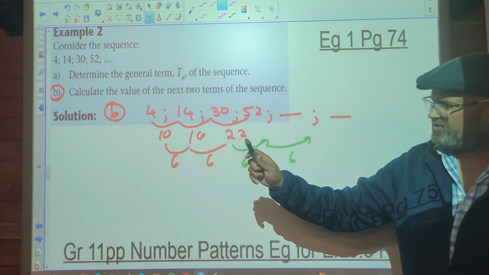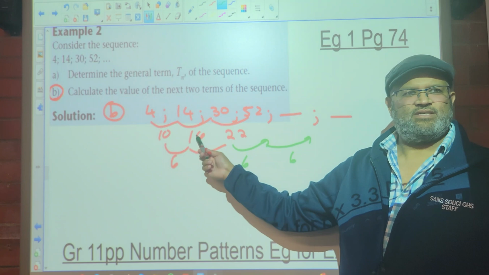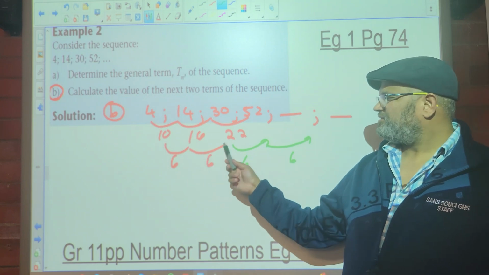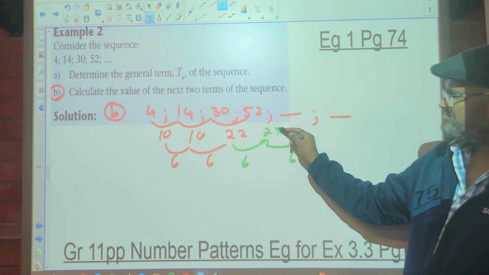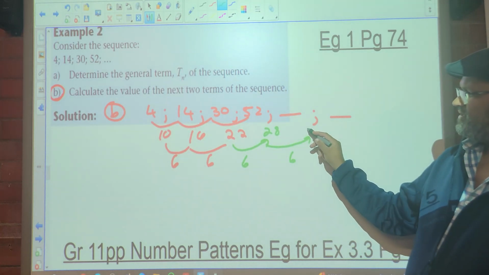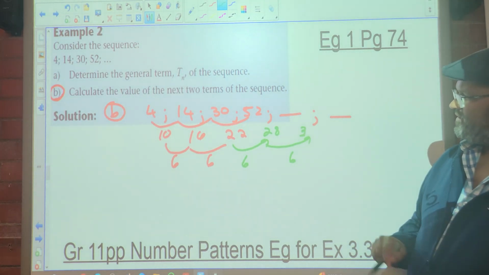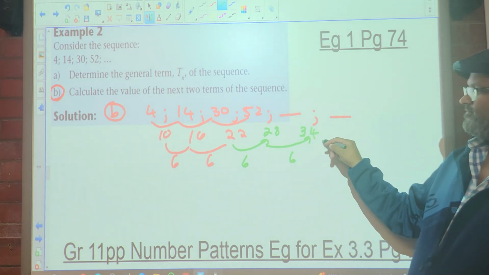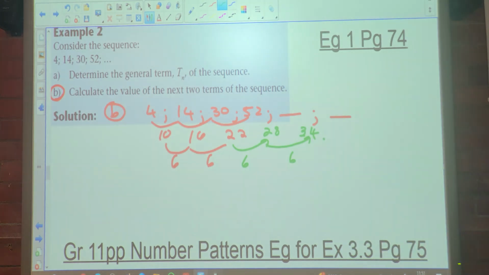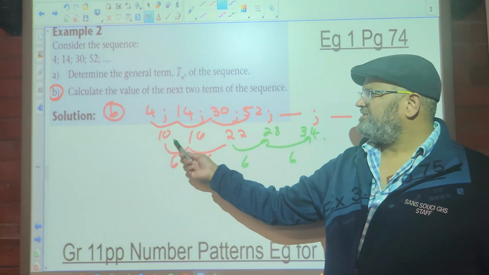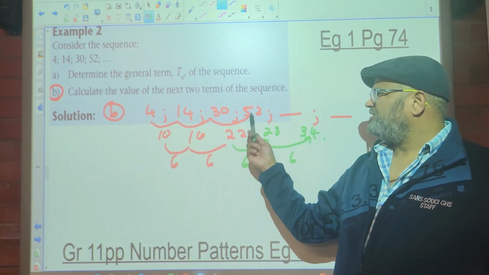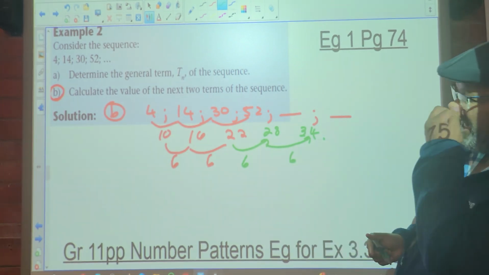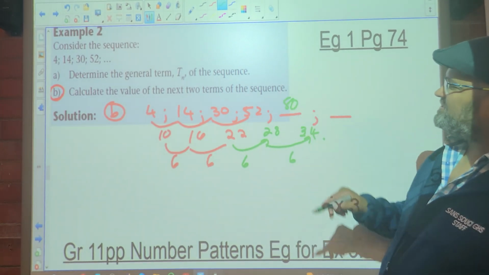So we ask ourselves, okay, 10 plus 6? 16. 16 plus 6? 22. 22 plus 6? 28. 28 plus 6? 34. So let's go. 4 plus 10? 14. 14 plus 16? 30. 30 plus 22? 52. 52 plus 28 is 80. 78.